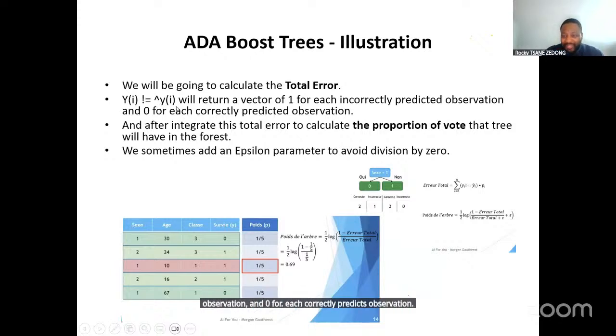So if it is correctly predicted, it is 0. If it's incorrect, it's 1. And after that, we integrate the total here to calculate the proportion of that tree. So here it is the proportion of that tree which will influence the model.